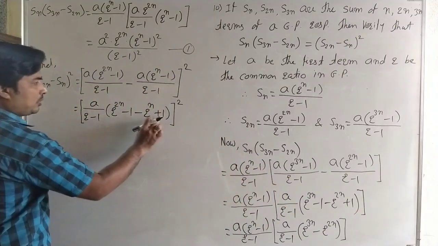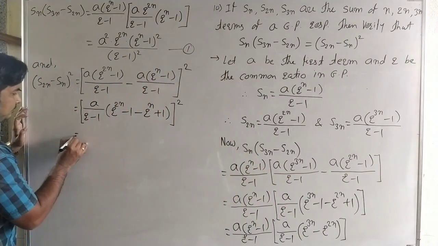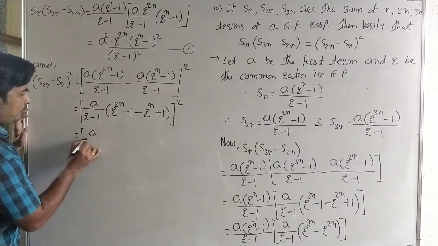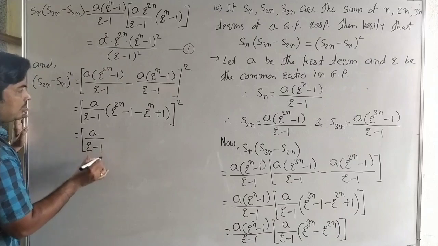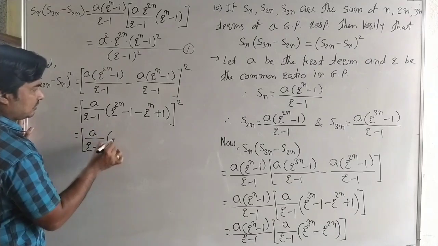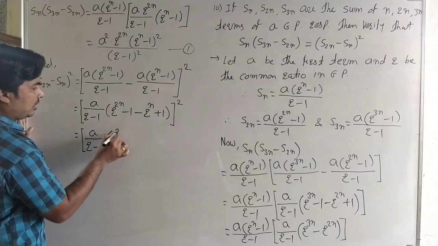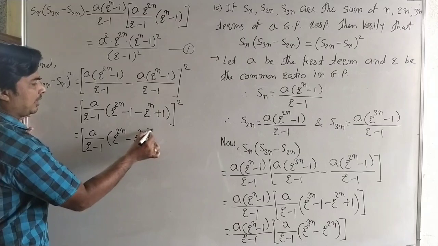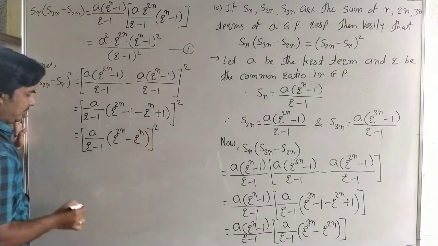Again here plus 1 gets cancelled, and here it is a upon r minus 1, and in this it is r to the power 2n minus r to the power n, whole square.